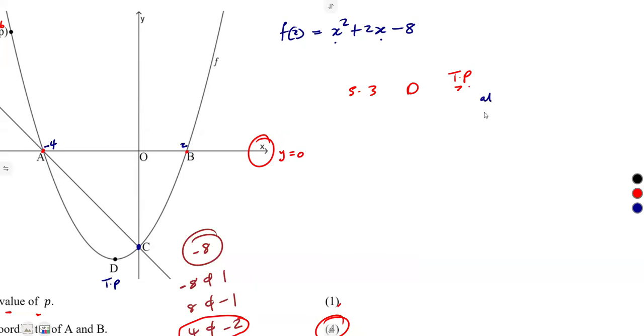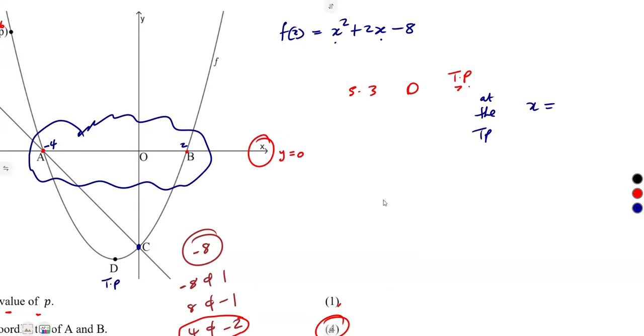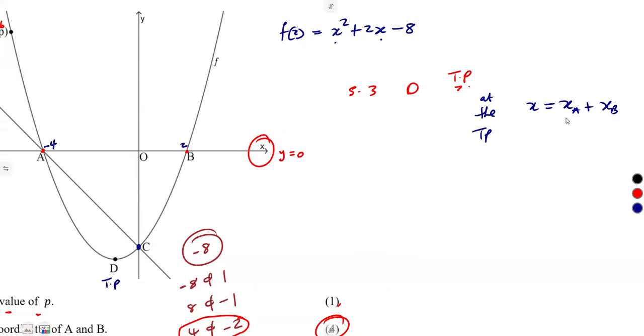At the turning point, it follows that x is equal to the average of these x values for the roots of the function, or the x-intercepts, x at A and x at B. So it's the average, x at A plus x at B over 2. You can simply find your x value that way.